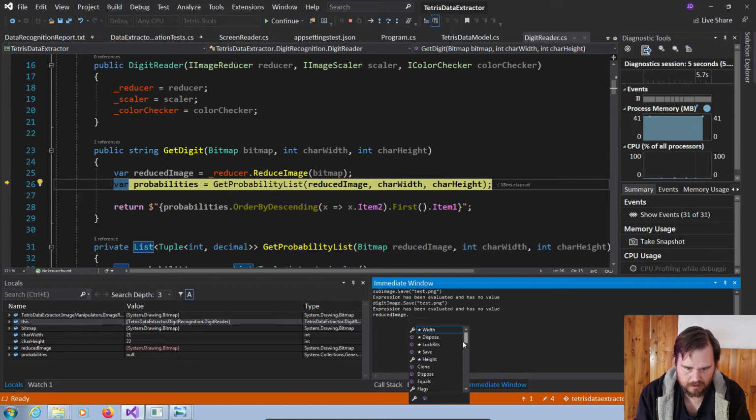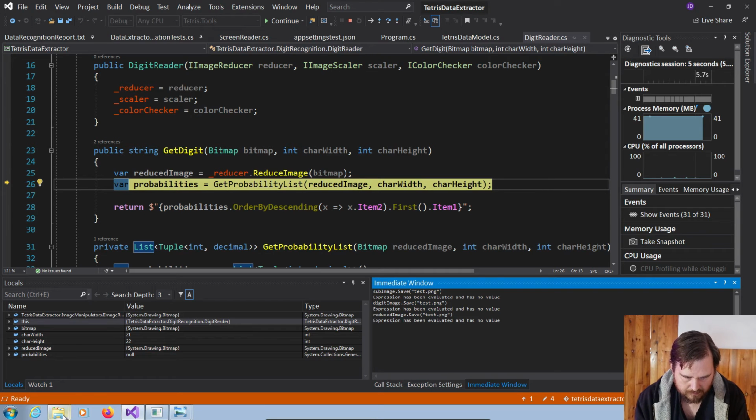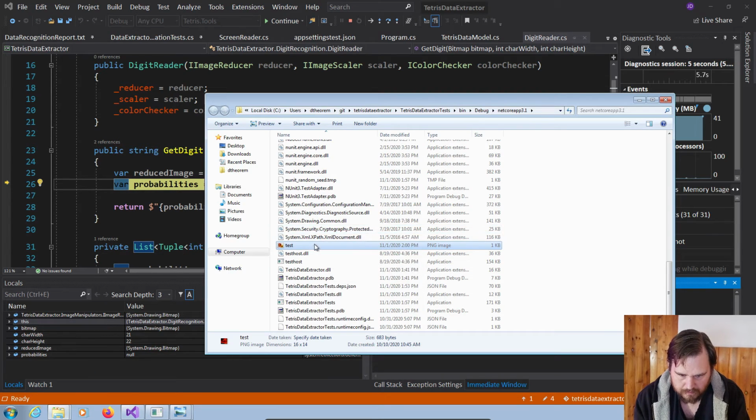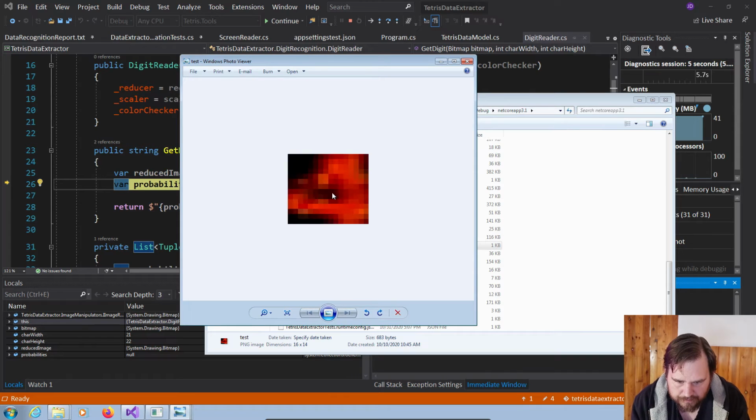But we lose so many things. Like, that is hardly recognizable as a 4.